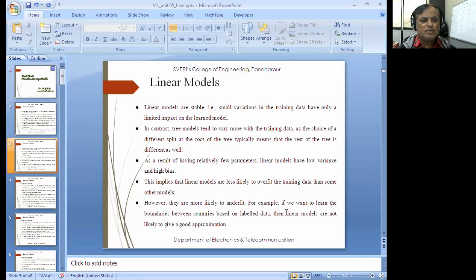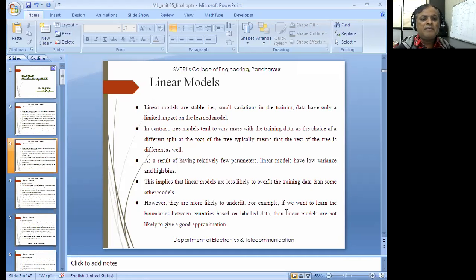The choice of a different split at the root of the tree typically means the rest of the tree is different as well. What does it mean? From this we want to say that linear models are much more stable than tree models, because if there is some variation in the training data, there is an effect on the whole tree model, but that doesn't affect a linear model. So linear models are much more stable.